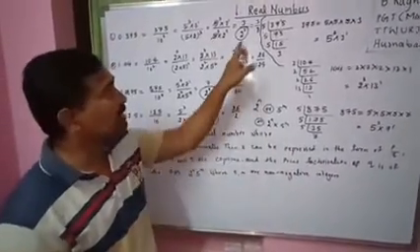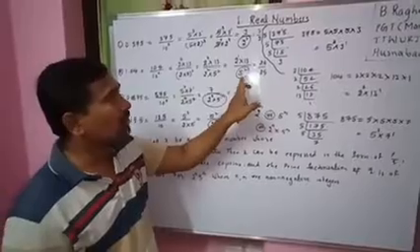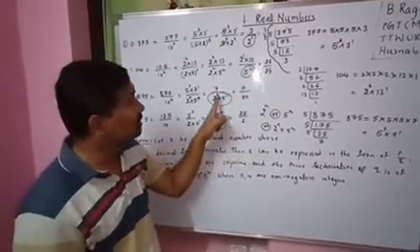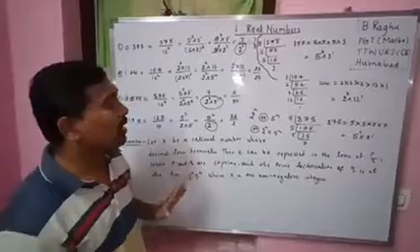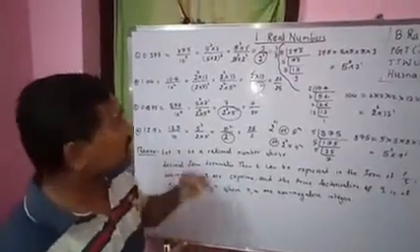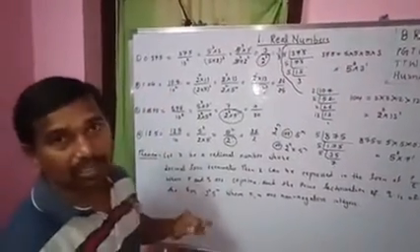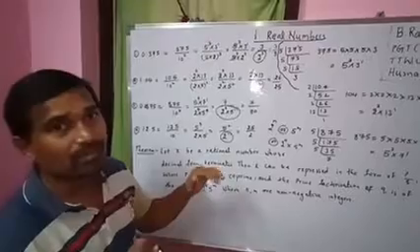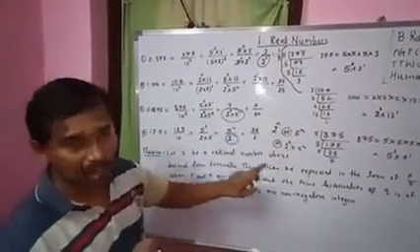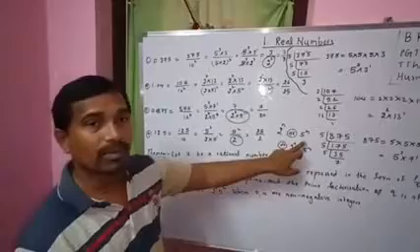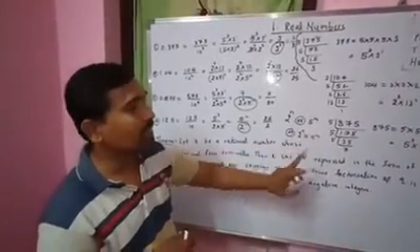See here, only 2 power something there, only 5 power something there, here 2 power something into 5 power something. So you can generalize. You can take any terminating decimal, convert into p by q form and simplify, then that denominator can be written in the form 2 power n or 5 power m or 2 power n into 5 power m.